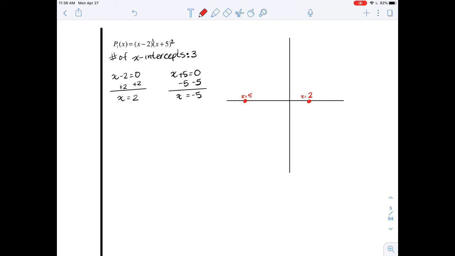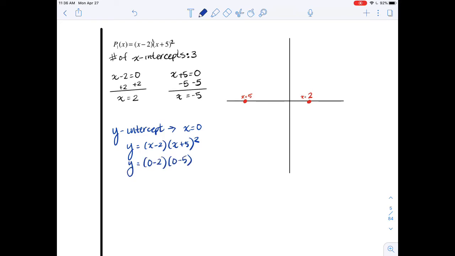So we are also going to need the y-intercept. And in order to get the y-intercept, x needs to be 0. So we have y is equal to x minus 2, and then x plus 5 squared. We're going to let x equal 0. This is equal to negative 2.